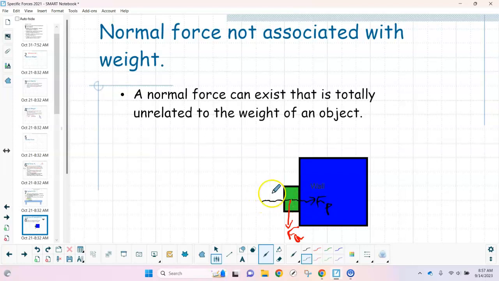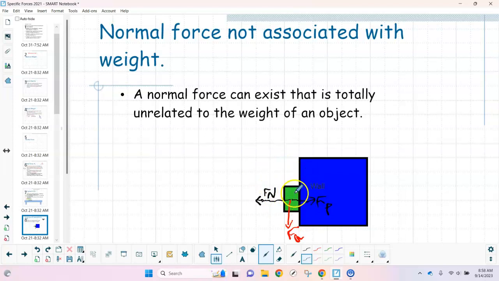So if that was going to the right, this one would have to go to the left, and that normal force is unrelated to the gravity. If I pushed really hard with this force going to the right, this normal force would have to get really big. If I just pushed a little bit, the normal force would just push a little bit. So it's all related to that.